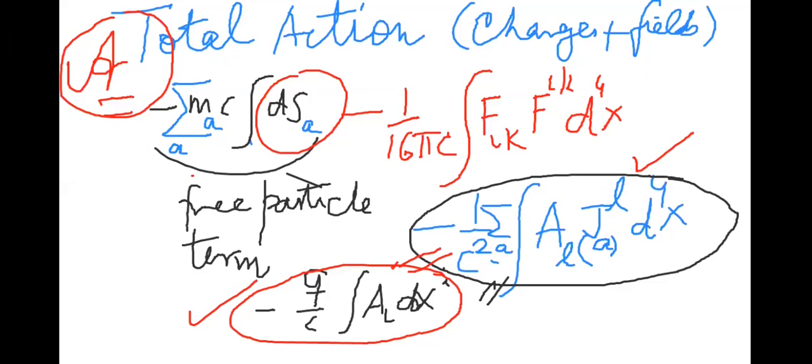So please try to write this expression on your own in a more elegant and clear manner. Now this expression becomes minus 1 by c square, and the summation over A means the label of the particle. So you have to do it independently for all the particles: A_L J_L for one particle plus A_L J_L for another particle, then for a third particle, and so forth.